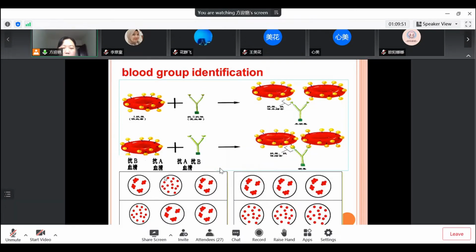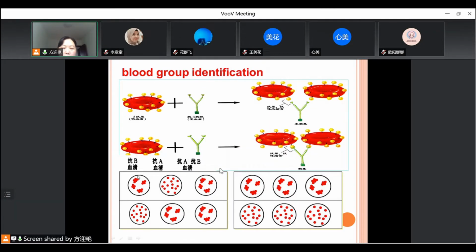Here we have the anti-B antibody serum and the anti-A antibody serum, and also both anti-A and anti-B antibody serum.